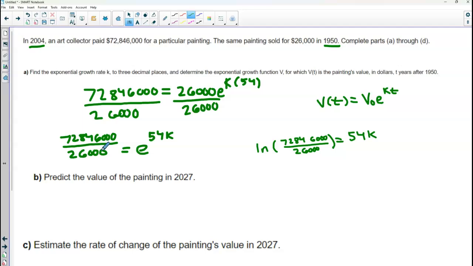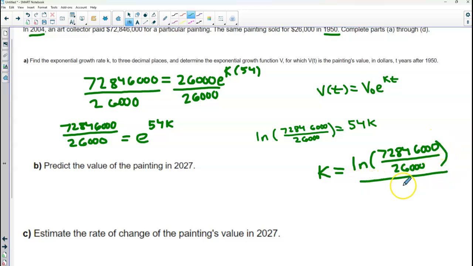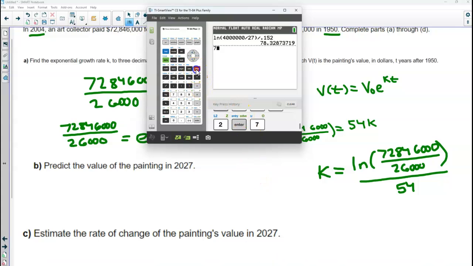Remember, the argument of our logarithm is the output here, and then the exponent is what the logarithm is equal to. So our k is going to be the natural log of that ratio there divided by the 54. So we'll put that in the calculator to figure out what that is.